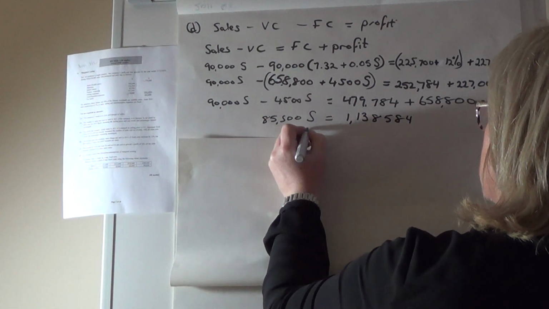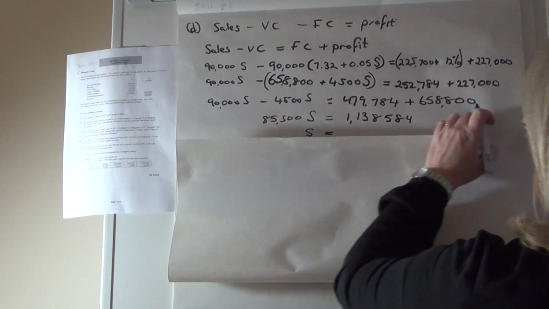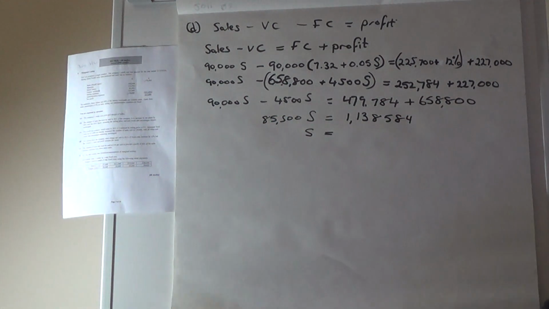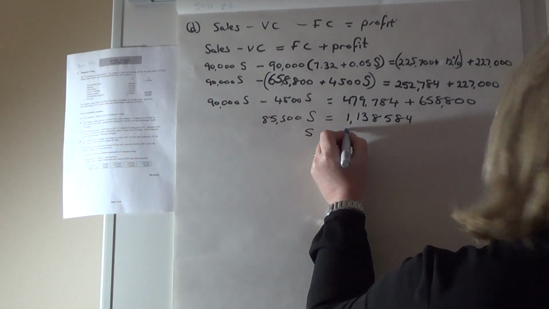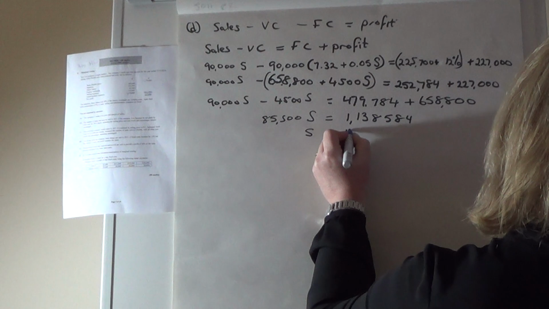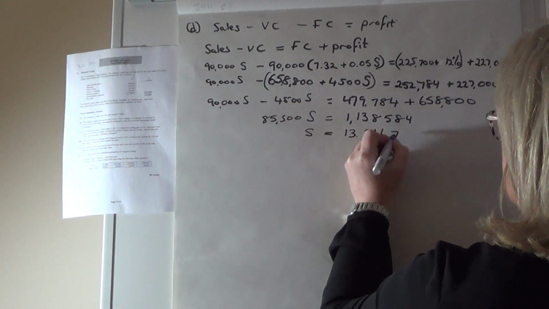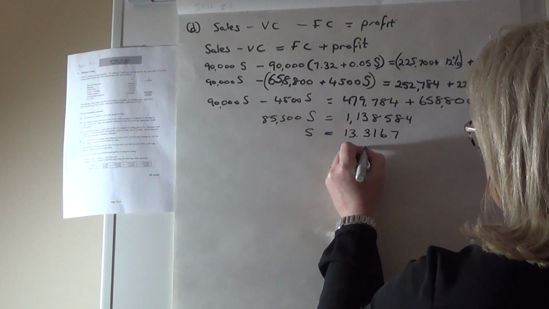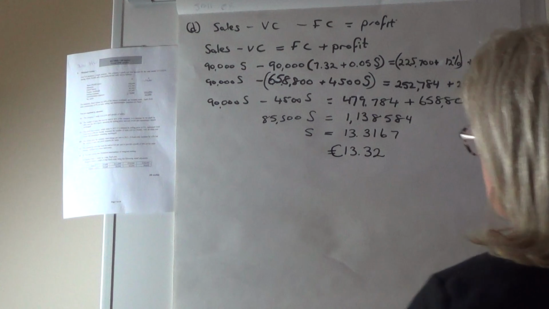And that means then that S is equal to the divide of that, and that works out at 13.3167. You can round that then to 13.32 as our selling price.